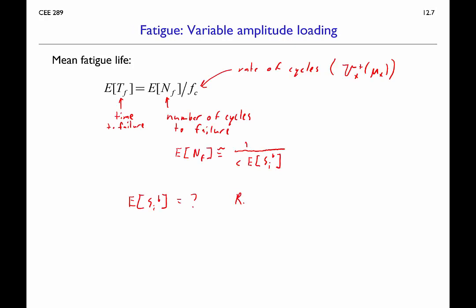So we need to figure that out, but we can do that using random vibration theory, as we'll talk about in just a second. And then C and B are just going to be constants, and we can calibrate those using the constant amplitude tests.